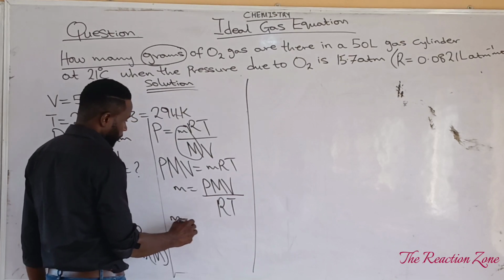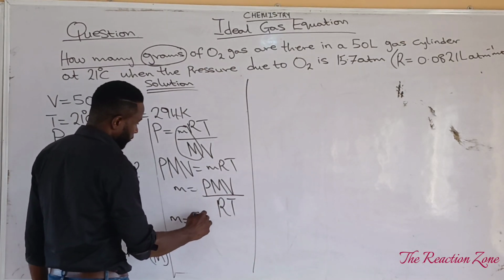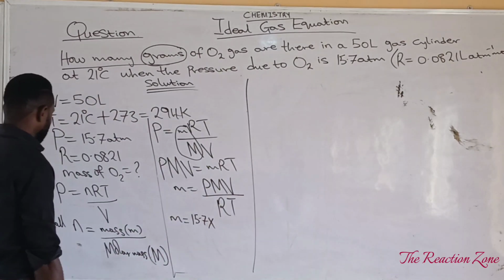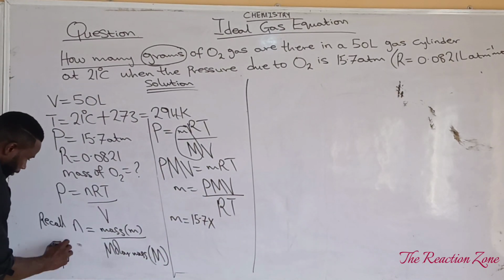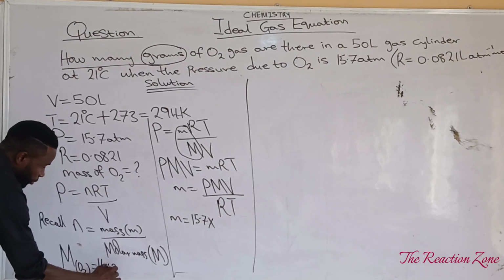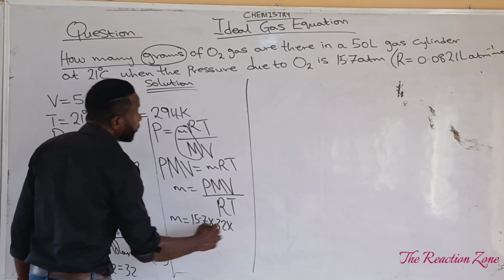m is equal to, the value of pressure is 15.7. The molar mass of oxygen, which is capital M, is simply 16 times 2, which will give us 32. So this is 32.